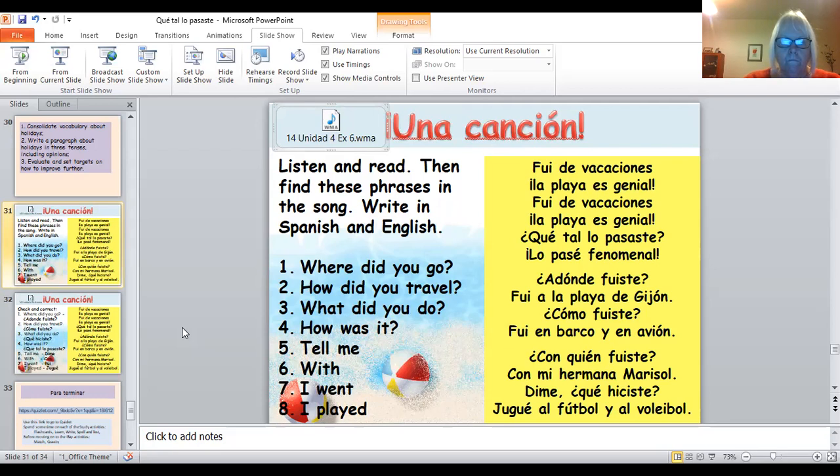Fui de vacaciones, la playa es genial. ¿Qué tal lo pasaste? Lo pasé fenomenal. Fui de vacaciones.